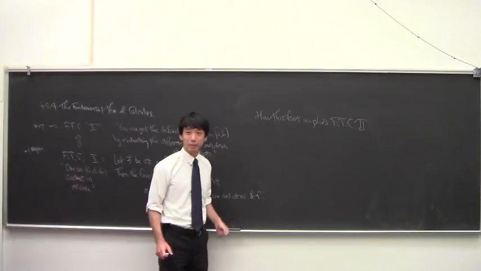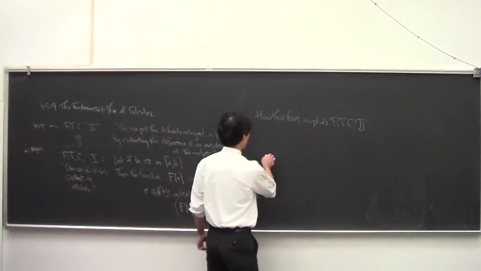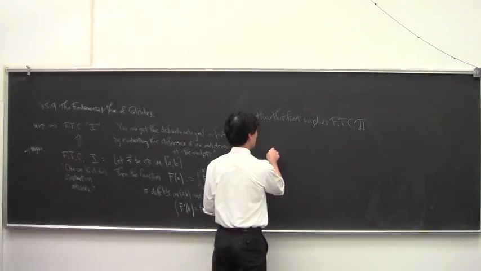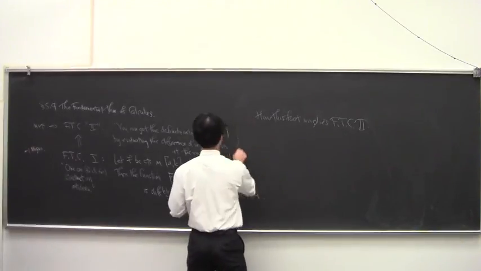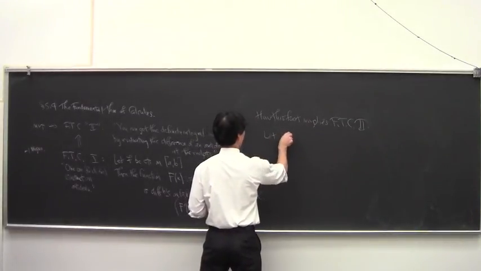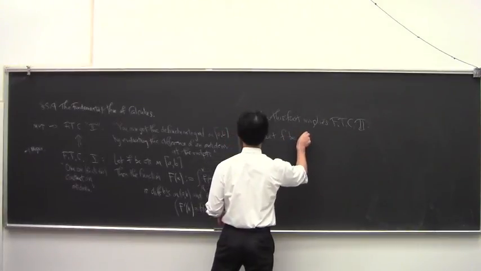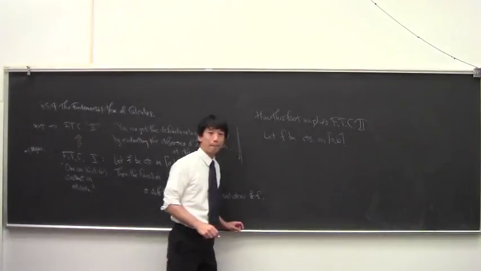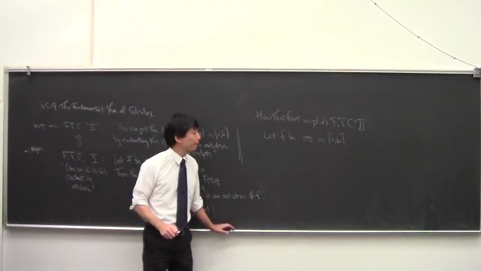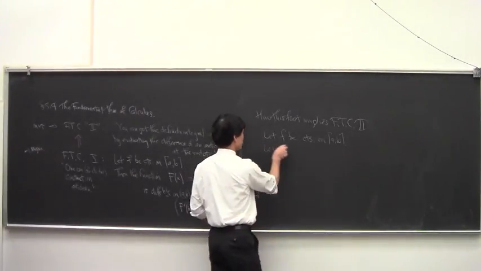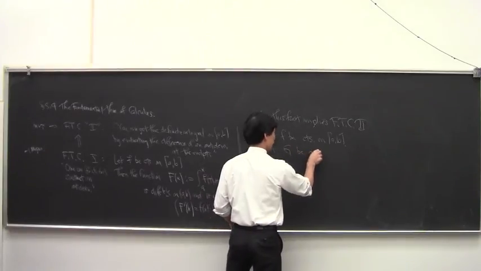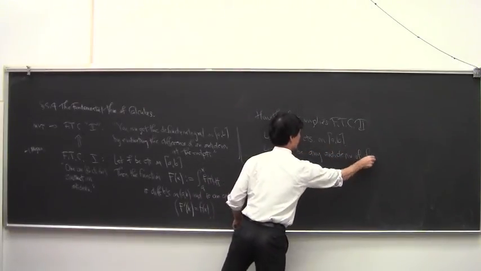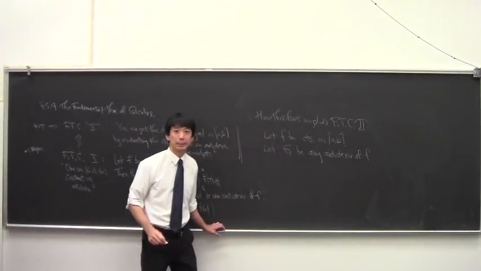Let f be continuous on [a, b]. Let G be any antiderivative of f.